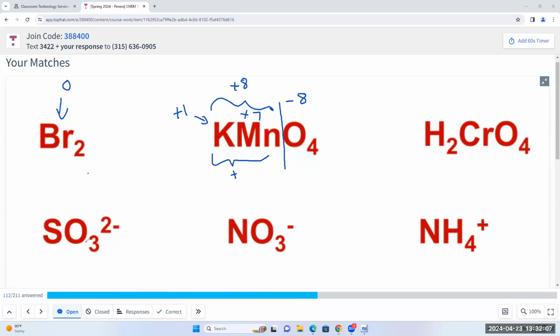So we have three of them. 3 times -2 is on this side. It should be -6. Okay. Now I want my overall to be -2. Therefore, my sulfur has to be plus what? +4. That's it. Done. Do not overthink this. You can draw the Lewis structures if you want, but you don't have to. Okay, this is all you have to do there.